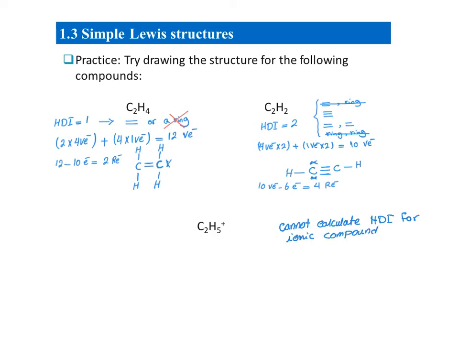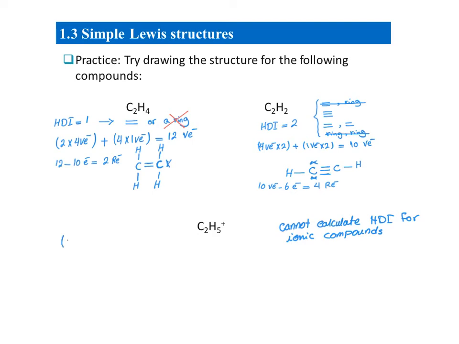So in this case, we need to do our regular Lewis structure procedure, 6 steps that we need to follow without calculation of HDI. So we first need to count the number of valence electrons here.